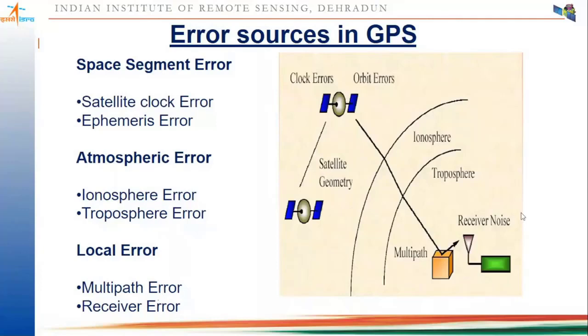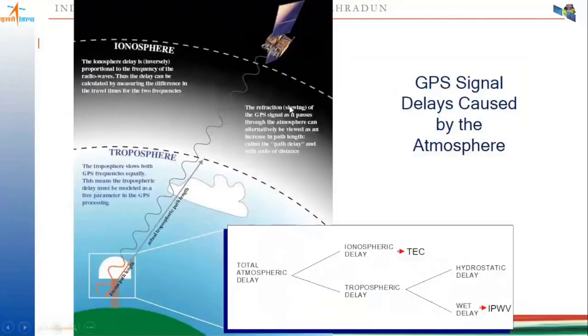Now I'm talking more about the ionosphere and the troposphere side. The ionosphere delay is proportional to the frequency of radio waves. Whatever the frequency is, like L1 and L2 in the case of the GPS signal, the delay can be calculated by measuring the differences in the travel time from the two frequencies.